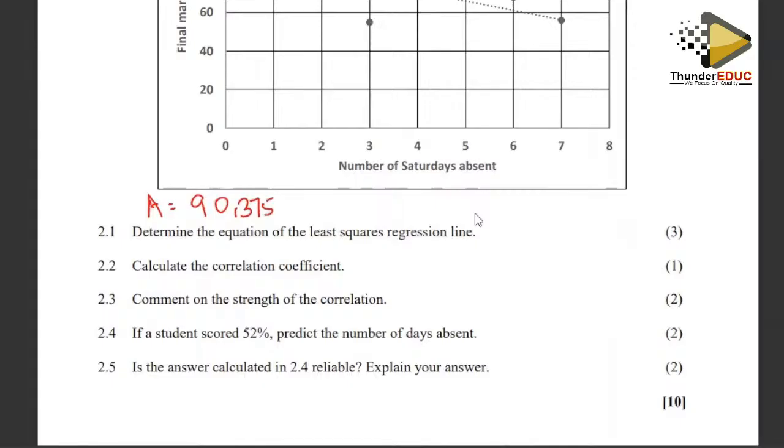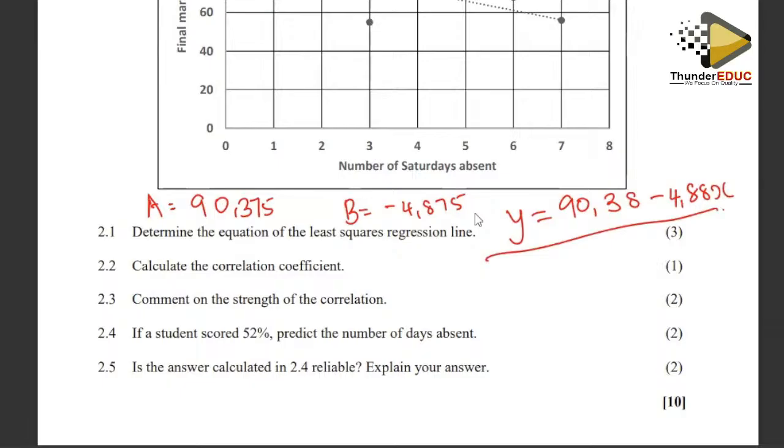I think in the next episode we should come with a live calculator and show how we're getting these answers. Then B is negative 4.875. But the question wants the equation, meaning that our Y should be 90.38, you can round it off to 2 decimals, minus 4.88x.